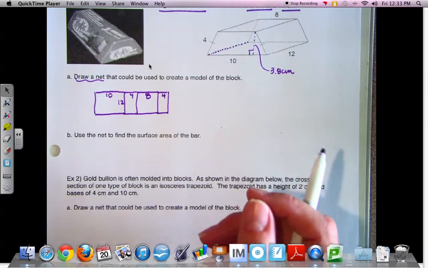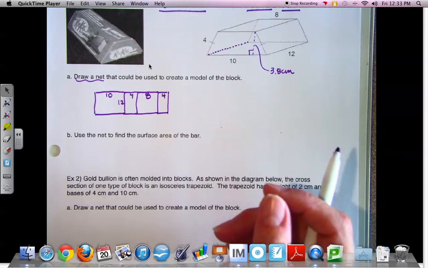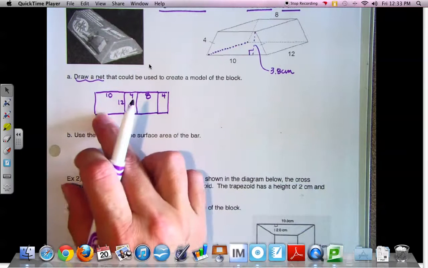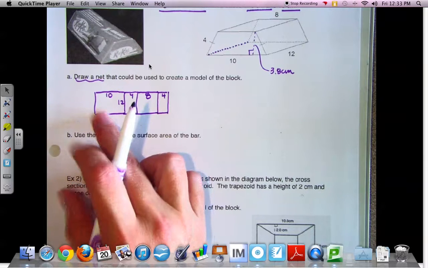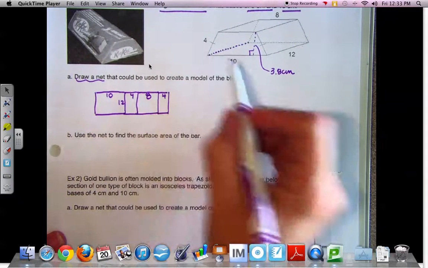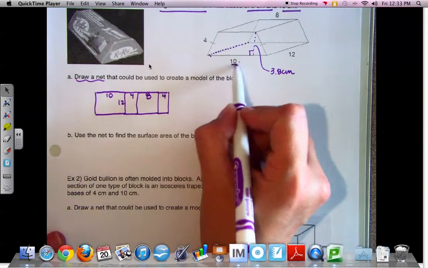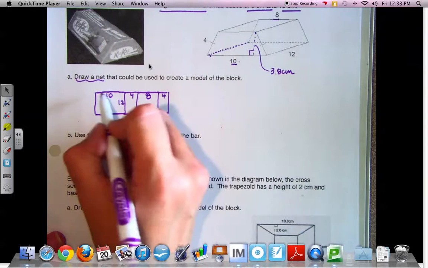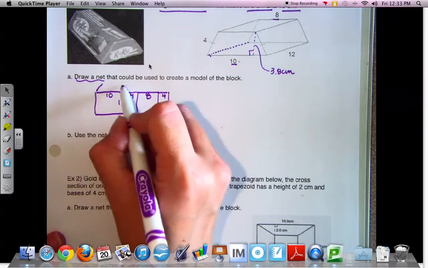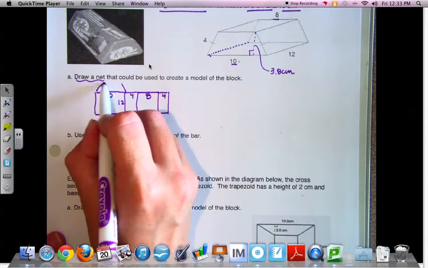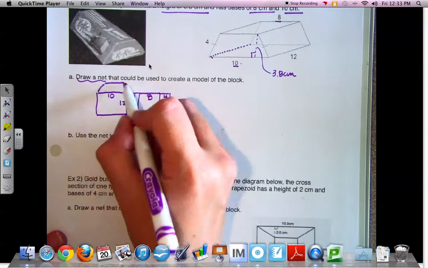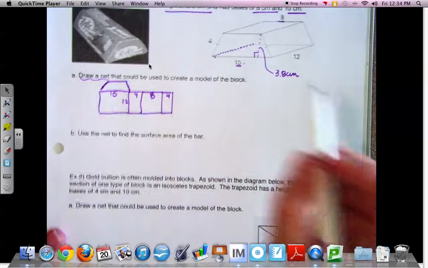And for me, drawing a trapezoid is easiest when I attach it to the biggest face, because I know that it has a base 1 of 10 and a base 2 of 8. So I start on the 10 side and then try to draw an isosceles trapezoid, and it usually fails. Oh, don't say that. Not bad. Have some confidence.